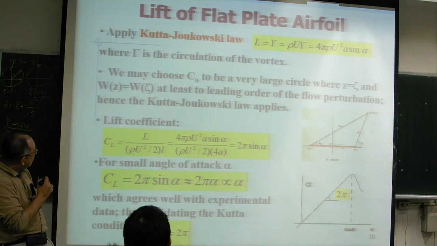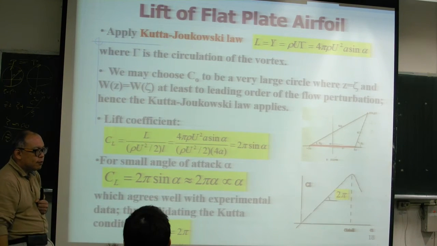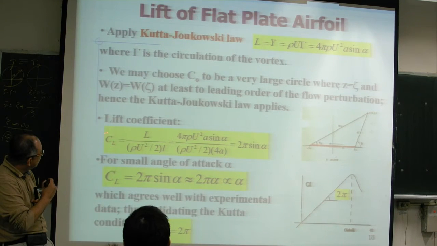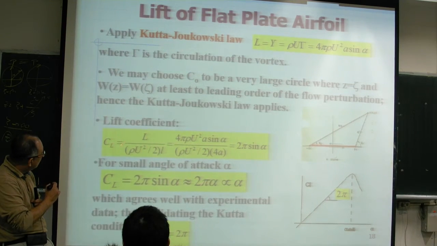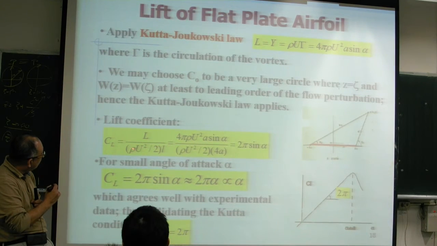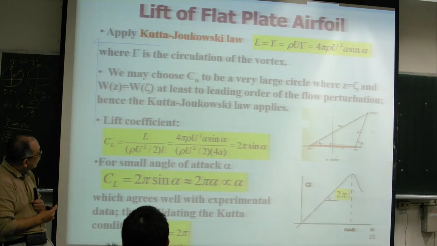Another thing we are interested in aerodynamics is the so-called lift coefficient, 升力系数. The lift coefficient is denoted as CL, and is defined as L divided by 1/2 rho U squared times length. The length is our chord length here.